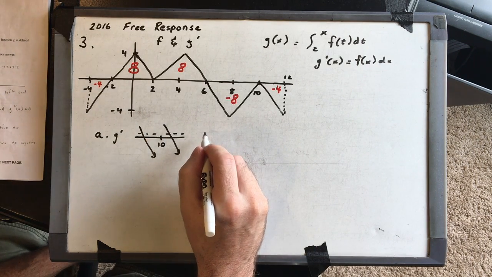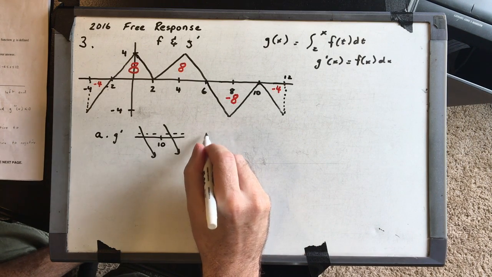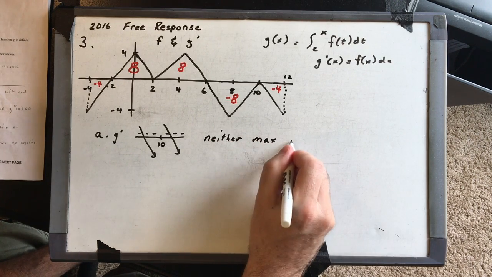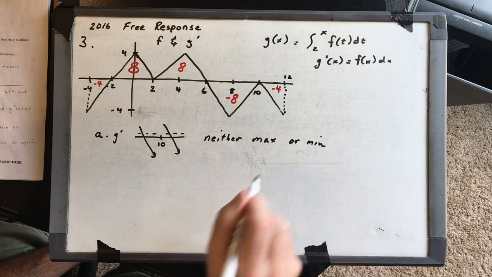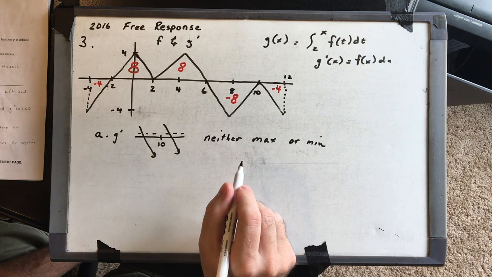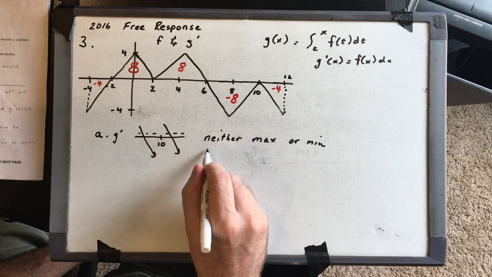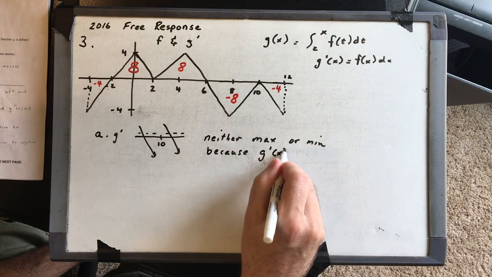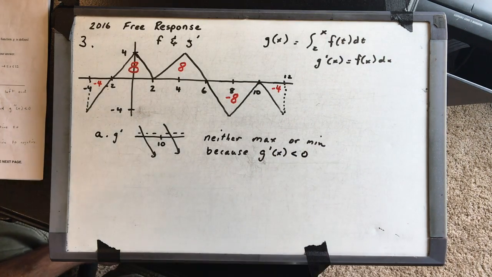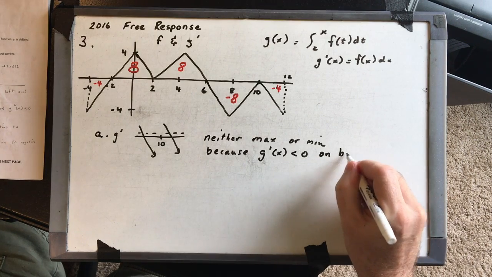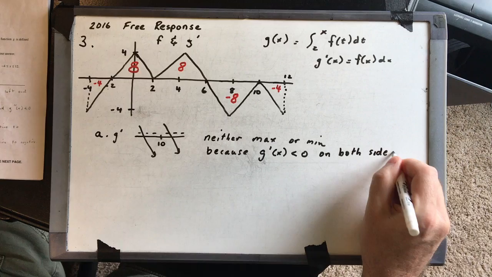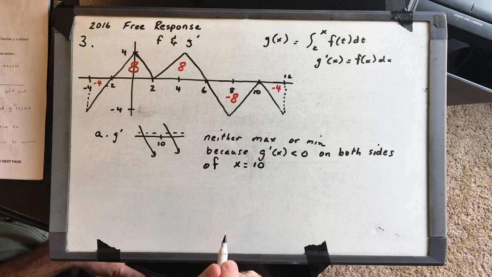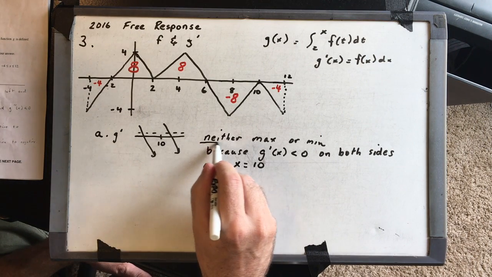So it's neither a max or a min. And your justification is because g prime of x is less than 0 on both sides of x equals 10. Okay, so it's neither a max or a min.